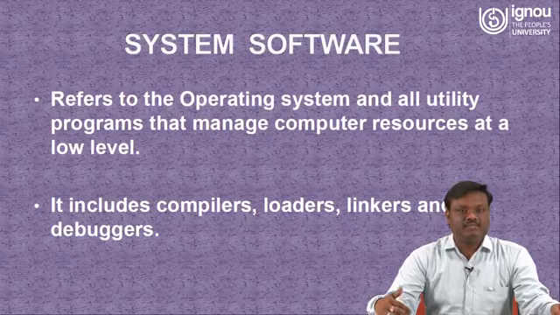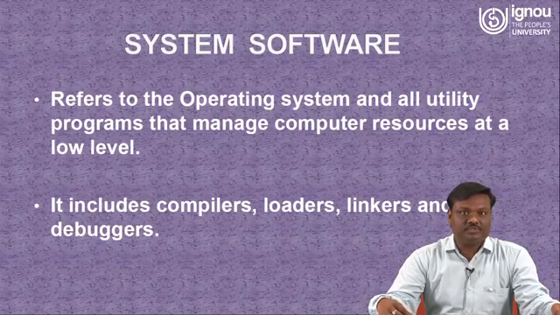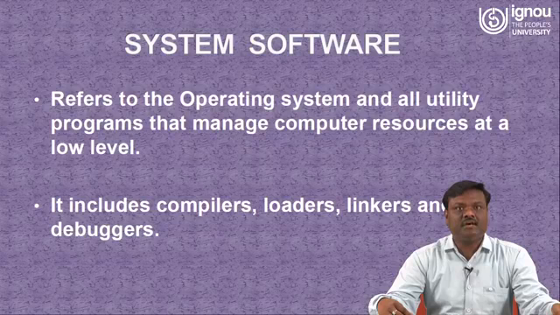The system understands only machine language, and it is very difficult for the human or the user to interact with the machine using machine language. So, there should be an intermediate layer or an interface which understands the command that we intend to give.